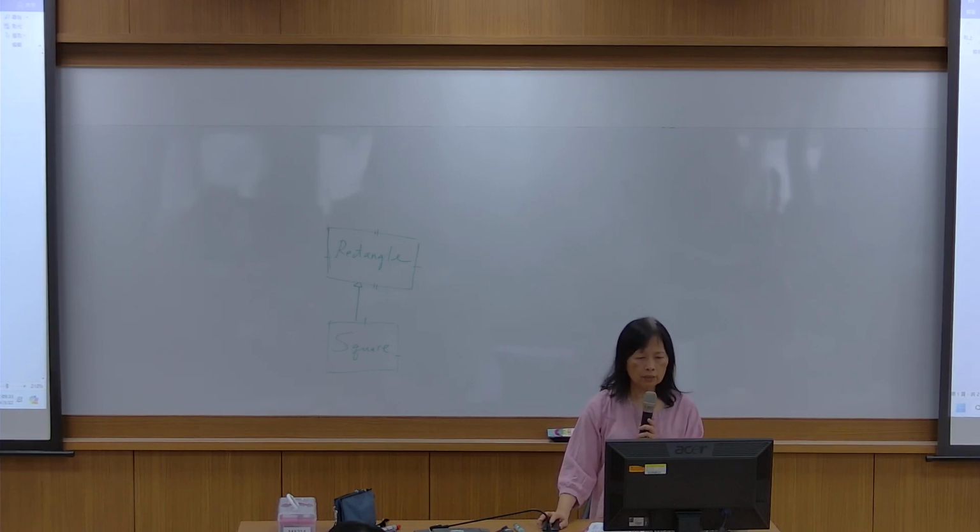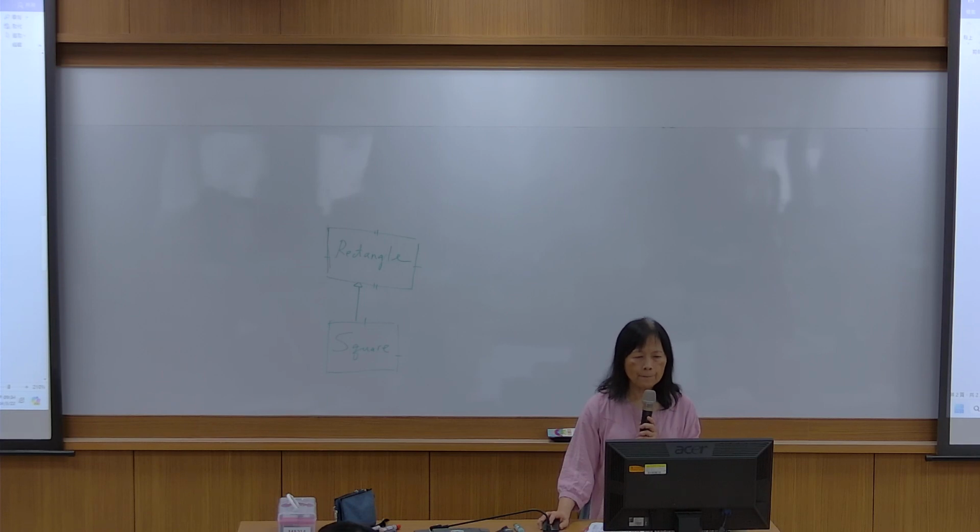We can set width and set height. Now we need to override it, since width and height are the same. So we set width equal to height, and the other we set again. So it will be different depending on which one you set first.